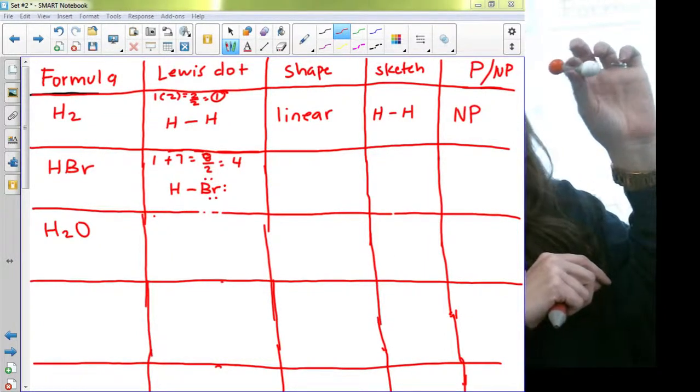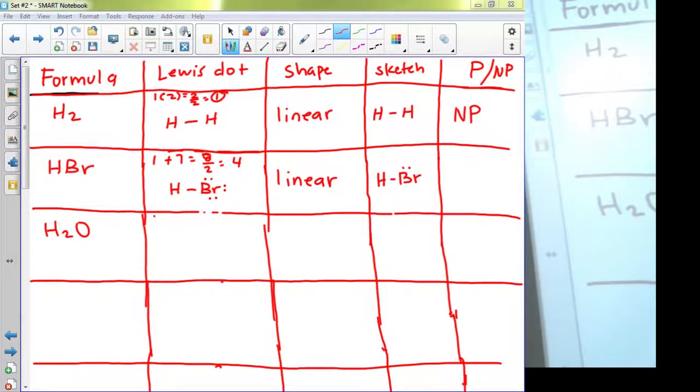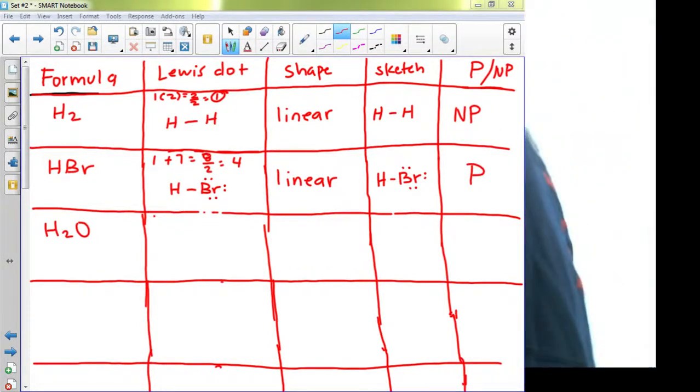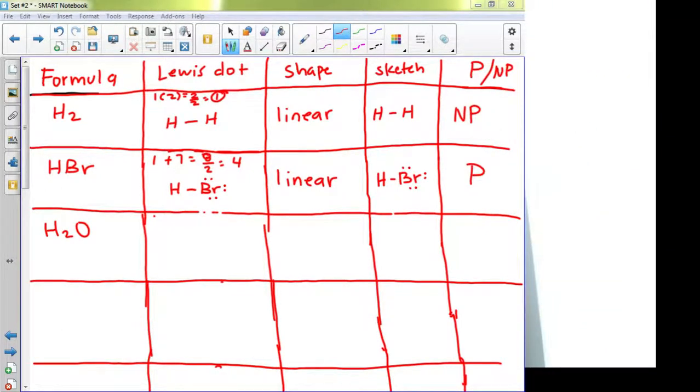So this is linear. So how am I going to sketch this? Same way I drew it. So is this polar or non-polar? It's polar. How do I know it's polar? They're not shared equally. Br is much more electronegative than hydrogen is.